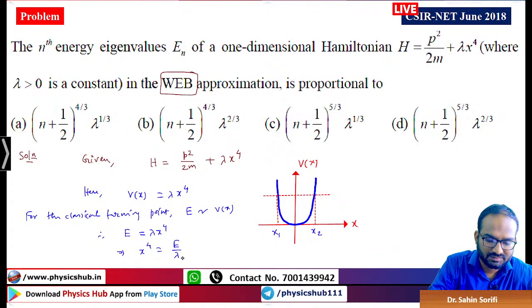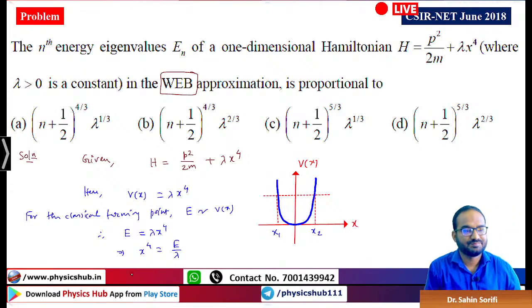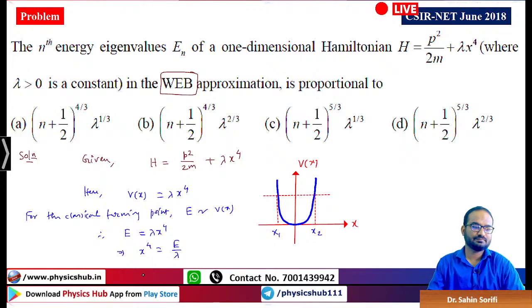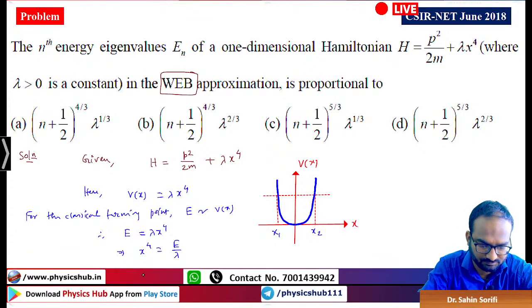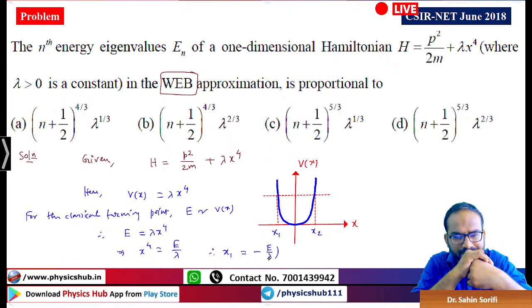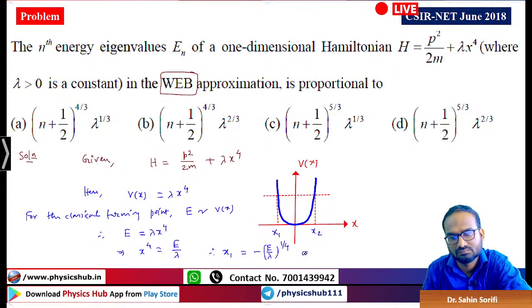And obviously you can say that the values of x1 and x2 are plus minus E by lambda to the power 1 by 4.